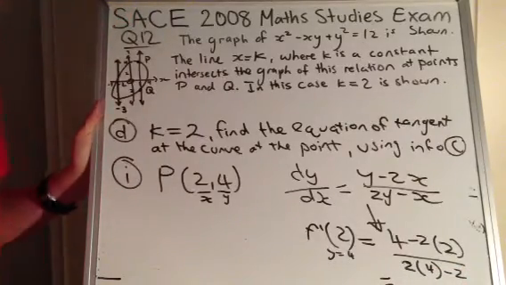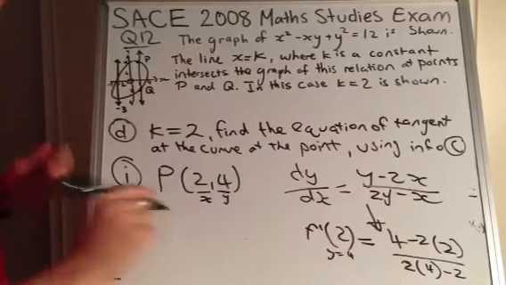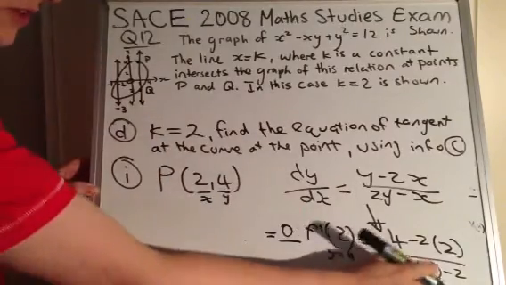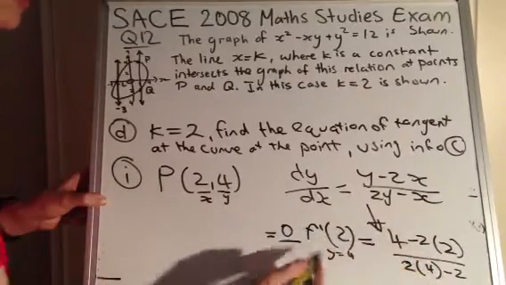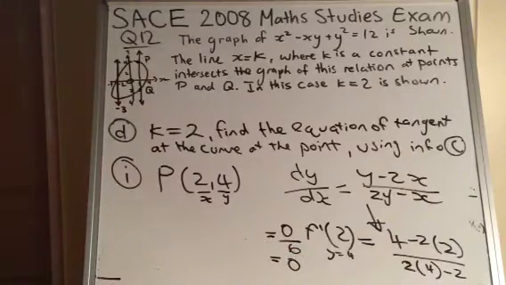Sorry, the writing is slanting again, but that's going to give us a slope of 0 over, because 4 take 4 is 0, and then 2 times 4 is 8, take 2 is 6. So it's going to be 0 over 6, which is going to equal 0. It's not going to be undefined because 0 is in the numerator.